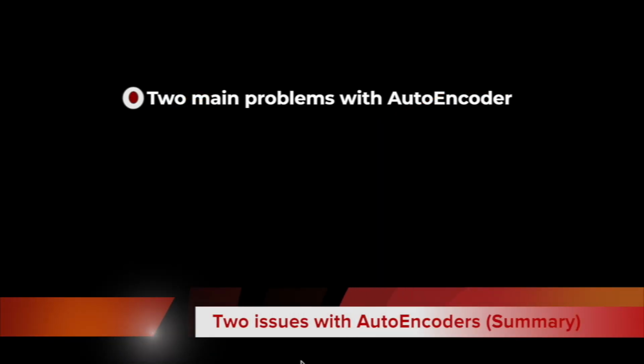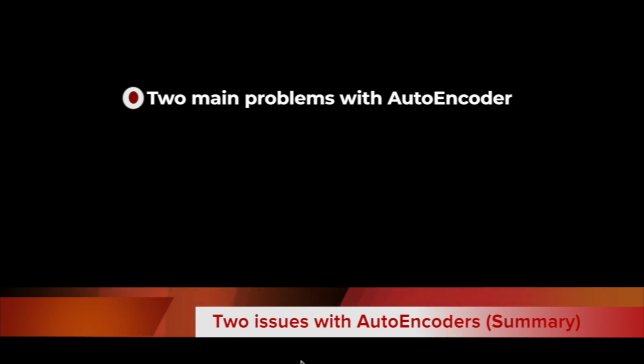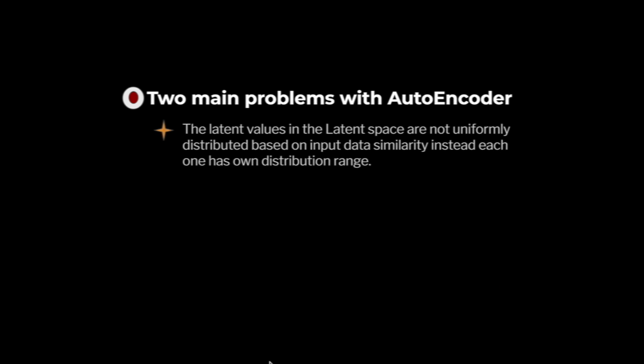So we can summarize the two main problems with autoencoder. First, the latent values in the latent space are not uniformly distributed based on input data similarity. Instead, each one has its own distribution range.